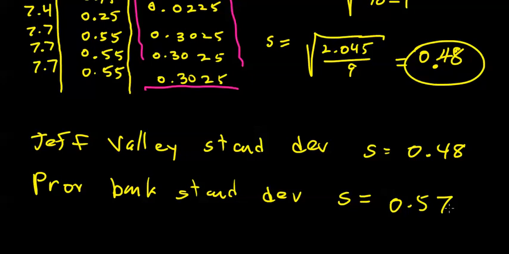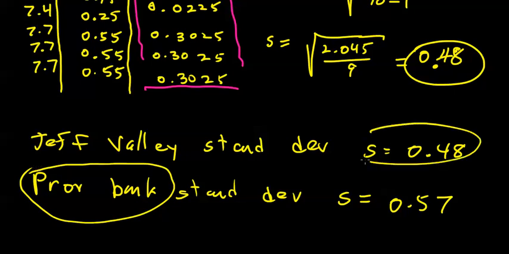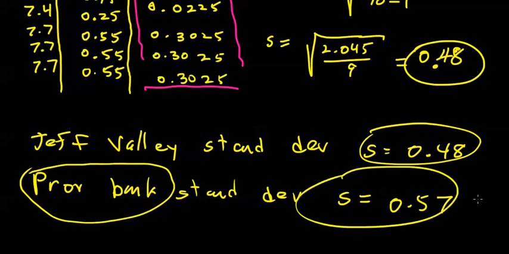Now you recall earlier in the lecture we noticed the Providence Bank with their individual waiting lines clearly by inspection had more spread of data, and that's confirmed with these values of standard deviation.